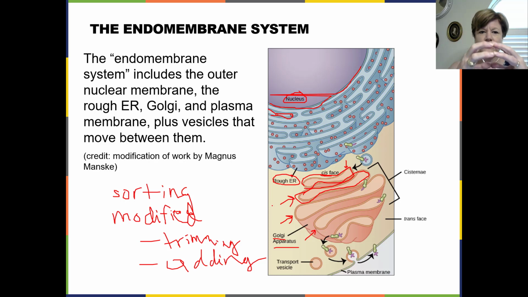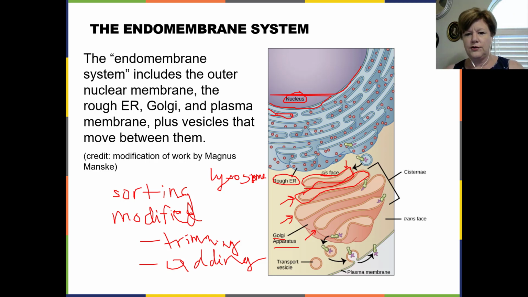These little vesicles full of enzymes needed for hydrolysis are just floating in the cytosol, and those vesicles are called lysosomes, L-Y-S-O-S-O-M-E-S. So some of the vesicles that are full of hydrolytic enzymes stay in the cell as lysosomes.